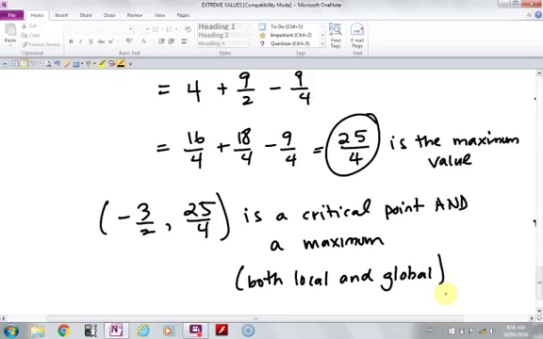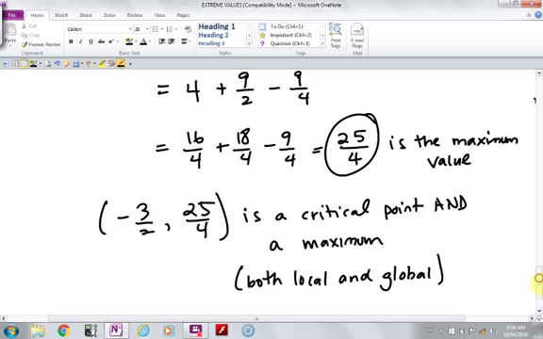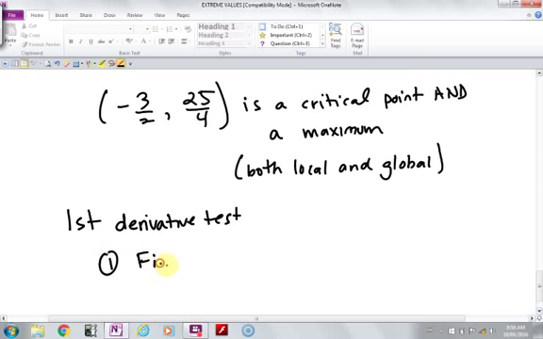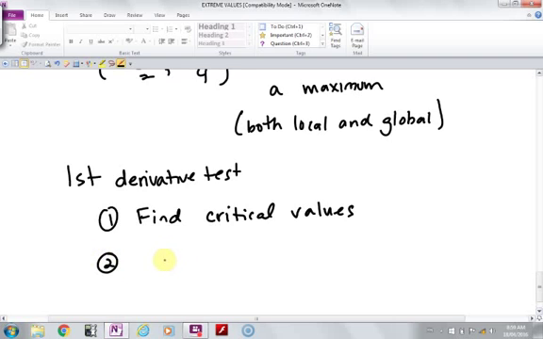Continuous but non-differentiable, okay? So we're going to find the critical values, and then you're going to check the increasing, decreasing.